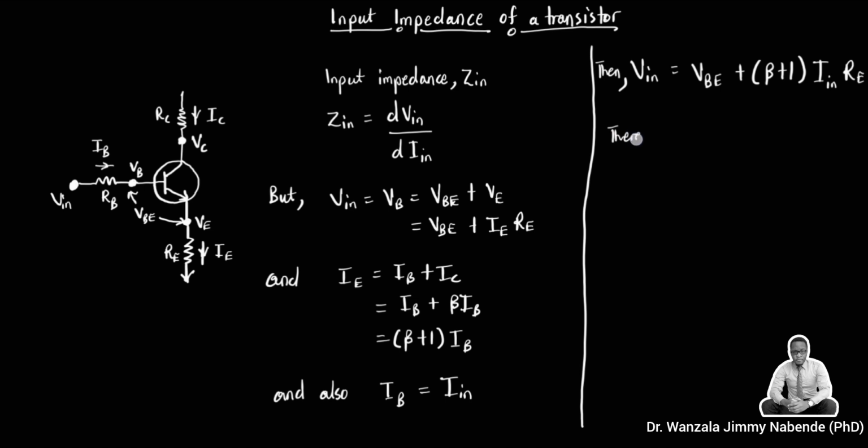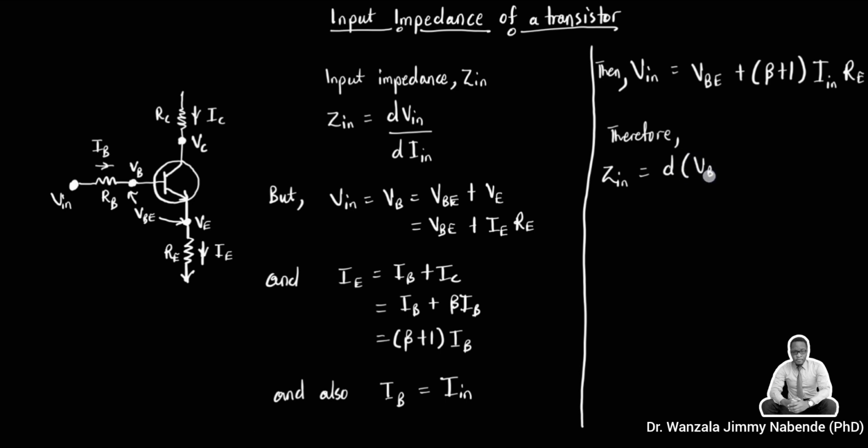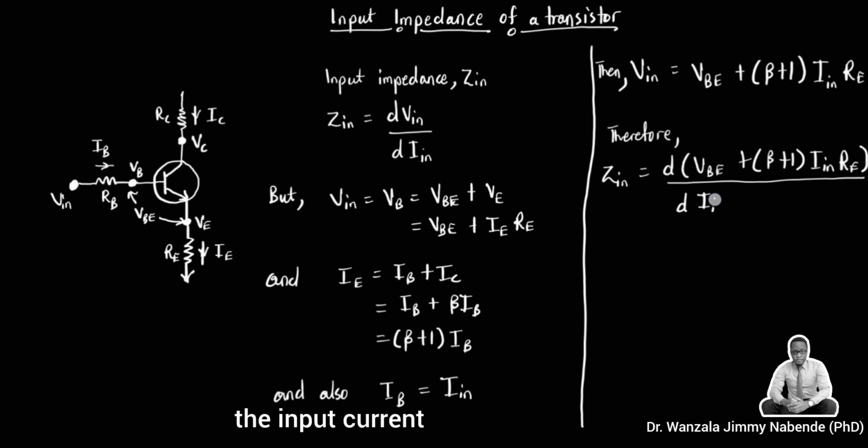Therefore, our Zin input impedance will be given by the derivative of Vin, which is VBE plus beta plus 1 times input current times RE, divided by the input current.